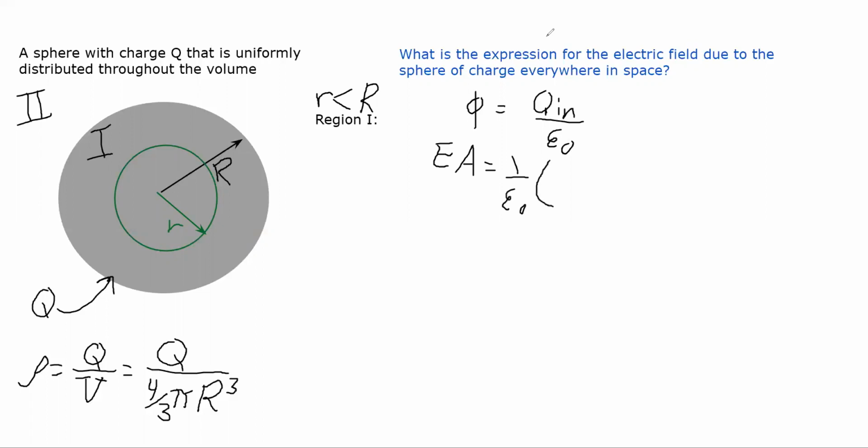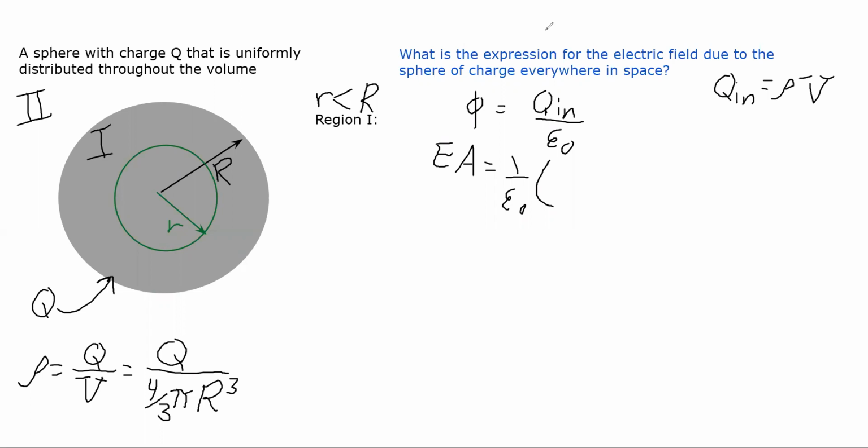But what's going to be my charge inside? Well, this is where my charge density comes in. When we did this in the last video, if I want to find the charge inside my Gaussian surface, I need to use that charge density. So charge inside is going to equal charge density times the volume. Which volume would I use to find the charge inside my Gaussian surface?